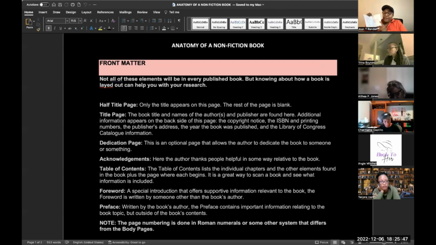Now, again, not all publishers send books to the Library of Congress. So for those publishers that do, the Library of Congress control number is always printed on the copyright page. All right.